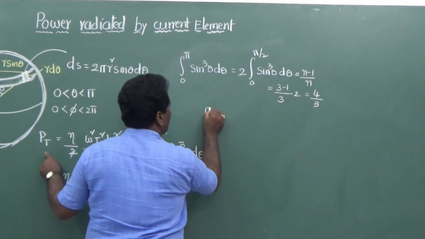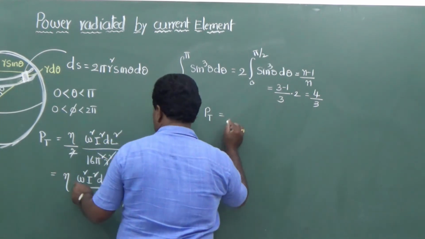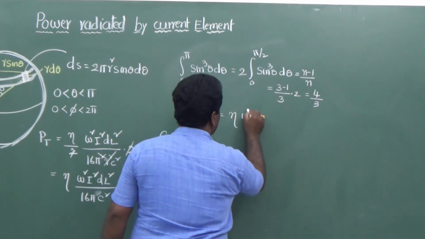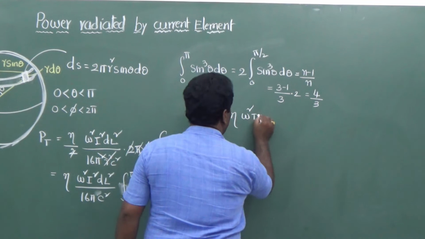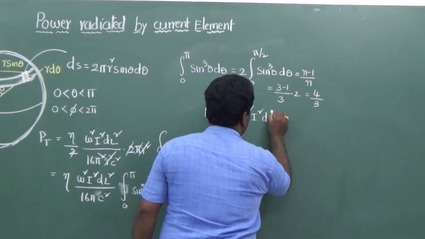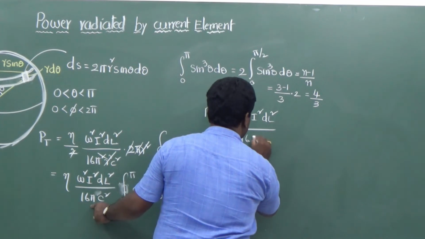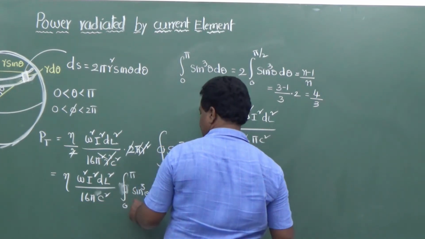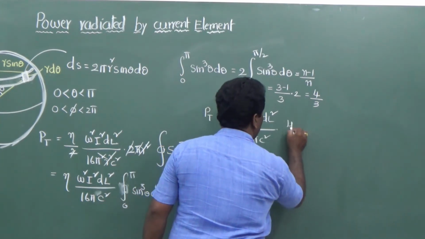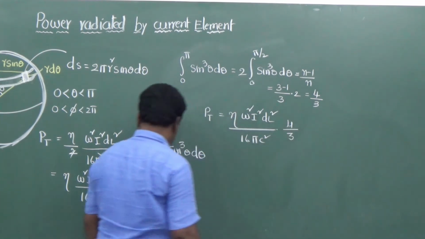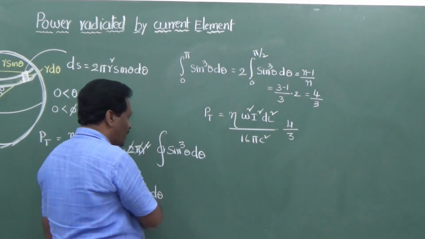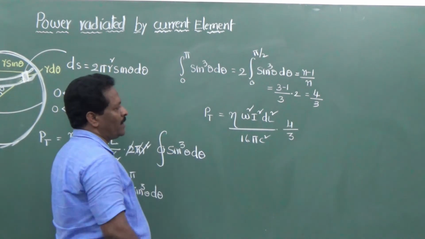Therefore, Pt is equal to eta omega square I square dl square divided by 16 pi c square, multiplied by 4 by 3. The value of the integral 0 to pi of sin cube theta d theta is equal to 4 by 3.